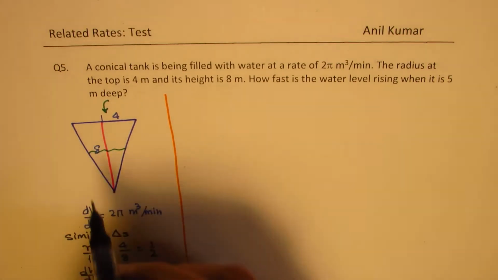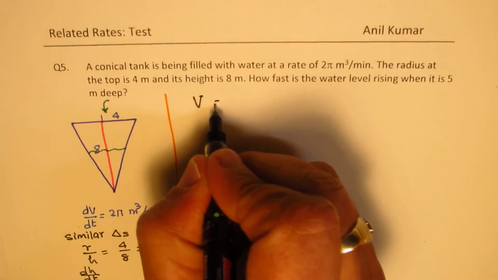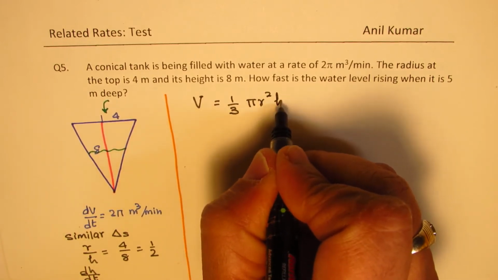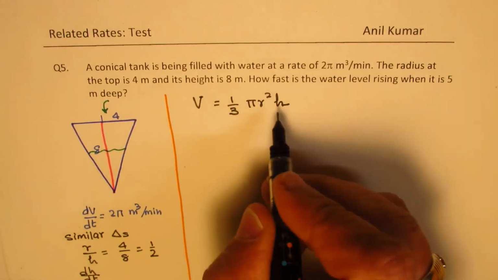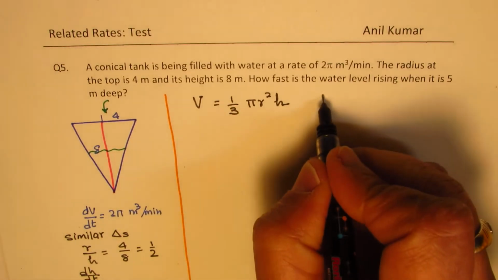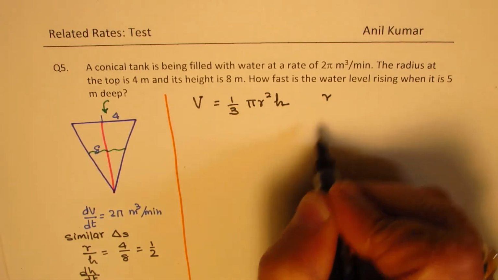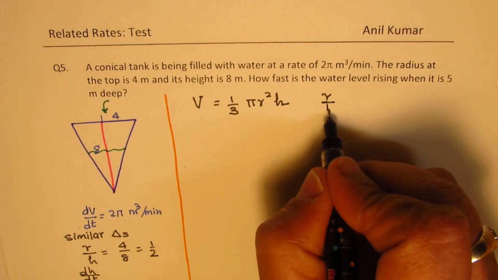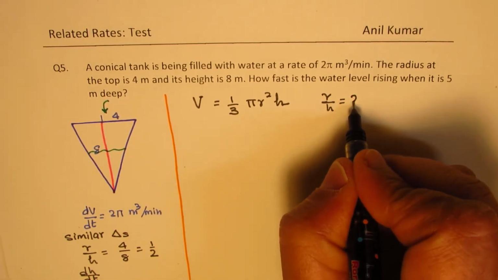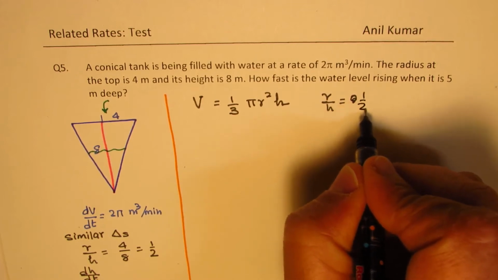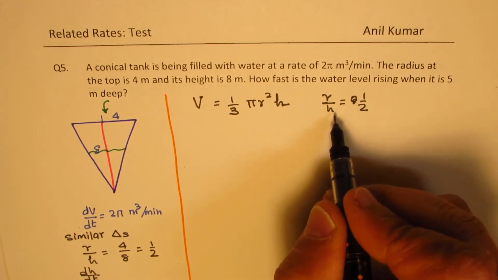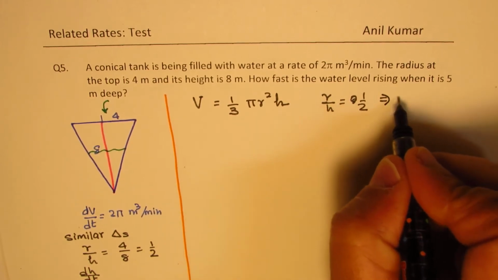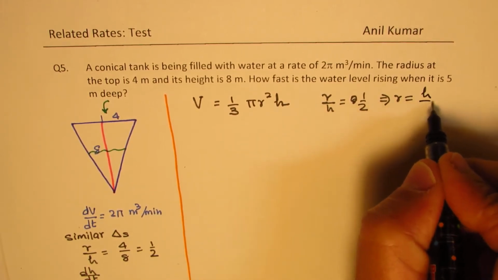Volume for a cone is 1/3 pi r square h. And from here we know that r over h is 1 over 2, so it's half. So we can write r in terms of h. This gives r equals half of height.